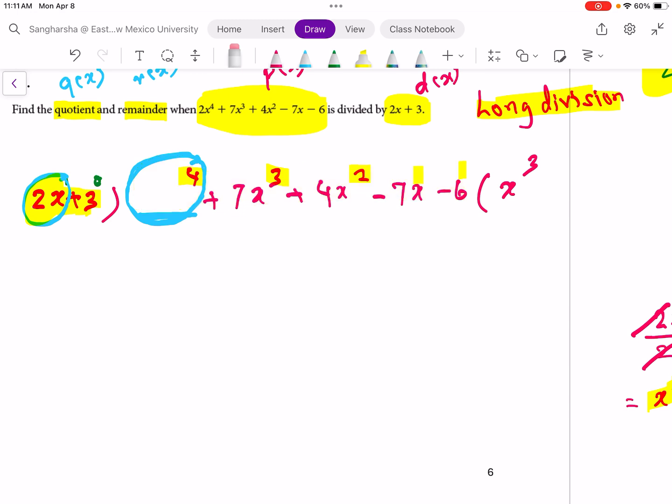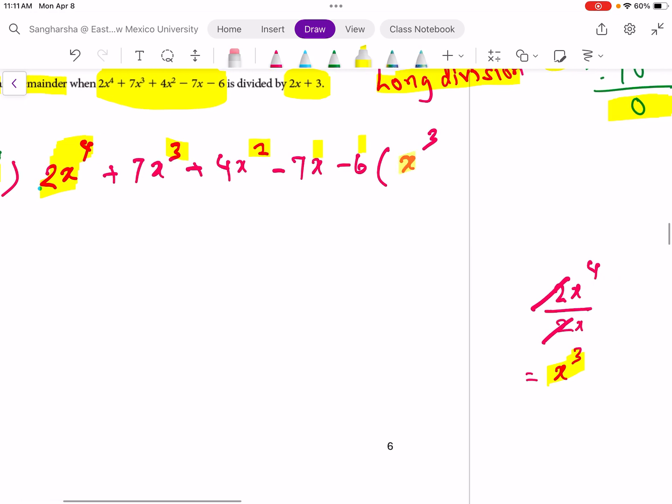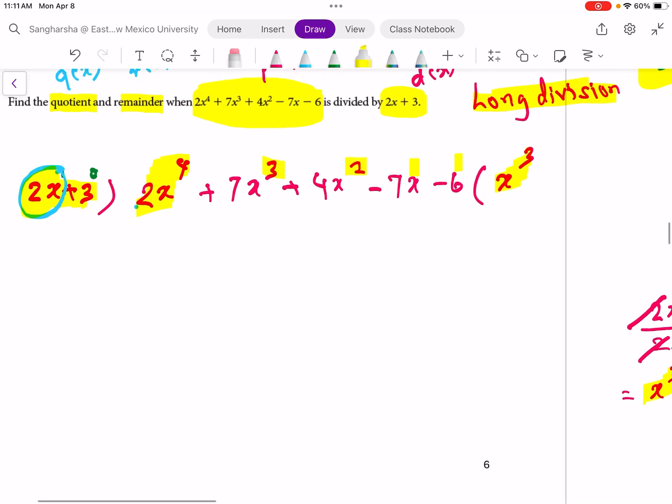You take the leading term of the dividend, and you divide this leading term by the leading term of the divisor. Whatever you get is the first term of the quotient. That's the first thing.